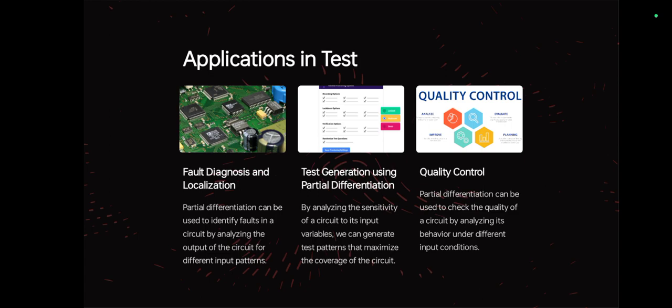Since Boolean functions are discrete and not continuous, the concept of partial differentiation doesn't directly apply. However, there are other mathematical techniques and operations that can be used to analyze and manipulate Boolean functions.